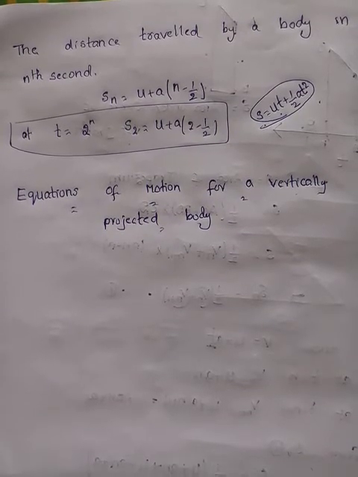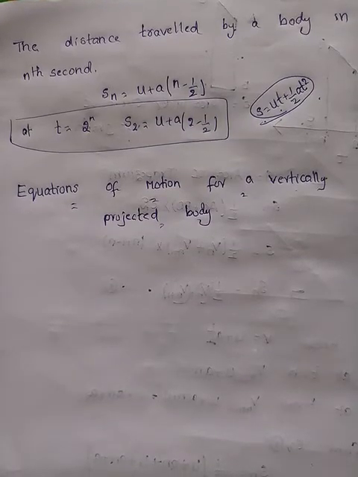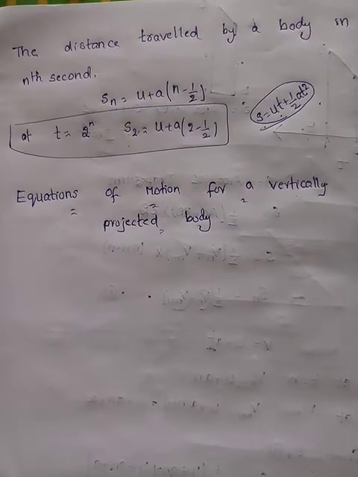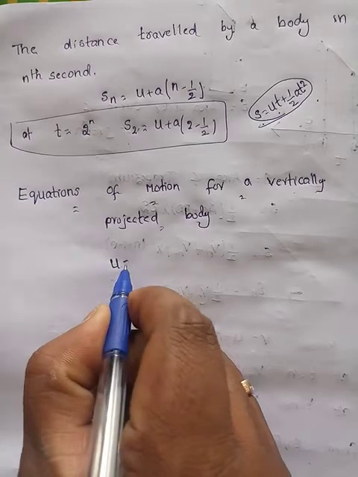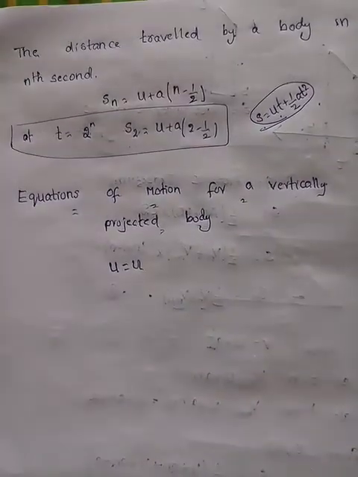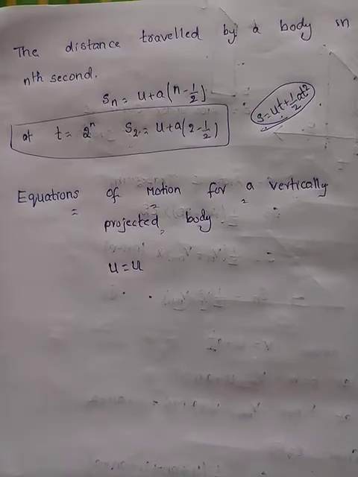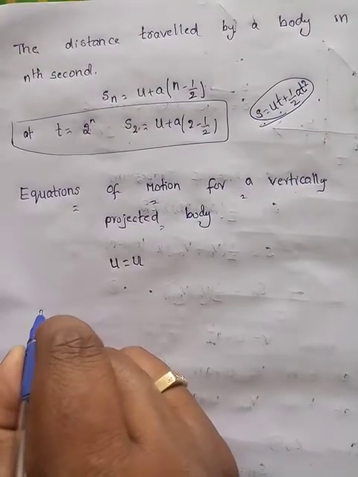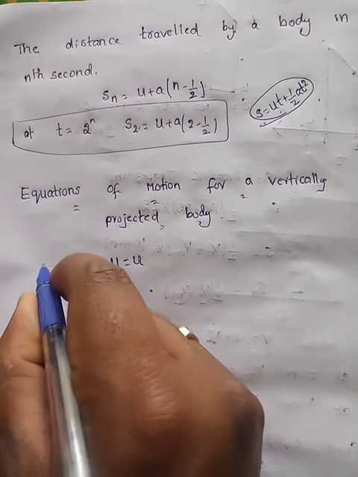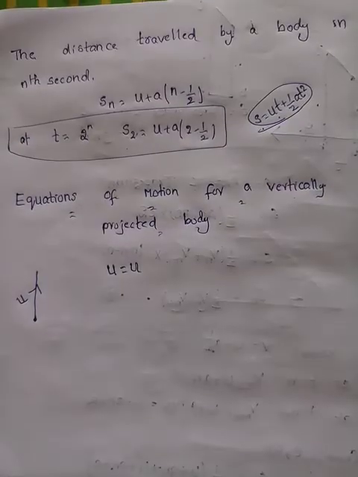When you are throwing a ball upwards, the ball gains some velocity, yes. So when you throw an object upwards, it has some initial velocity, because without velocity it cannot move upwards. The ball is moving upwards with a velocity u.